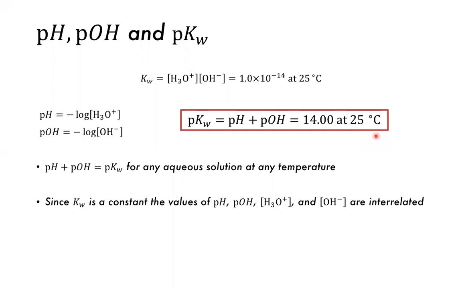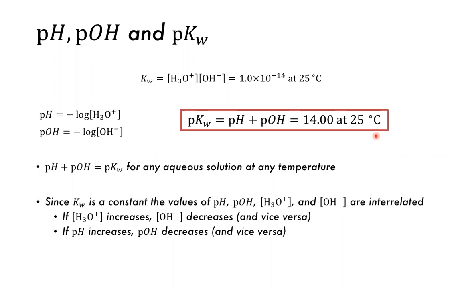Since Kw is a constant, the values of pH, pOH, H3O plus concentration, and OH minus concentration are all interrelated. This means that in any given problem, we're able to utilize any one of those or a combination of them to get other values. So if the hydronium ion concentration increases, the hydroxide concentration decreases, and vice versa. If pH increases, pOH decreases, and vice versa.